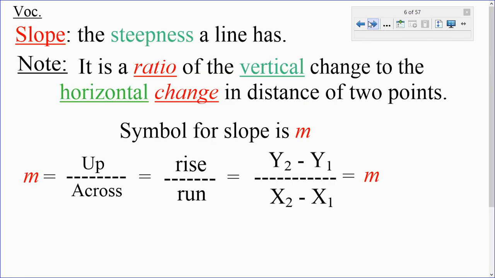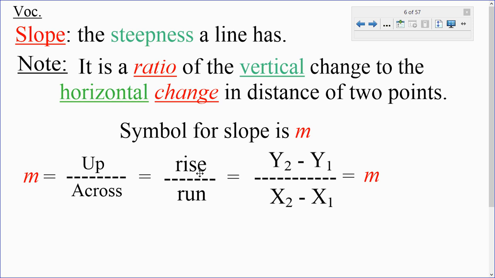So slope is the steepness that a line has. It's the ratio of the vertical change to the horizontal change in distance of 2 points. The symbol for slope is the letter M. M is how many boxes we go up, over, across.